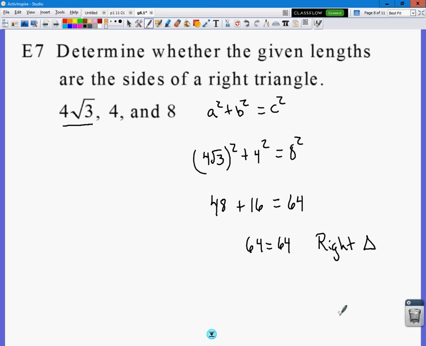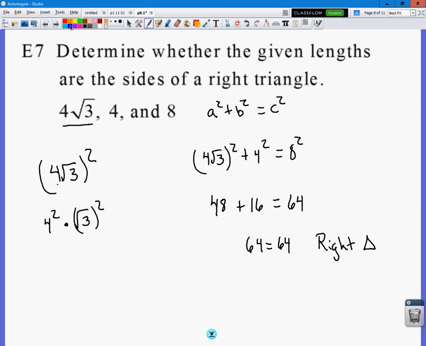It's not, how did you do that, the whole 4? This? Yeah. Okay. First off, you could learn how to punch this into your calculator. But the other thing that you could do is this. When you have a square on something that's being multiplied, it's the same as taking 4 squared times the square root of 3 squared.